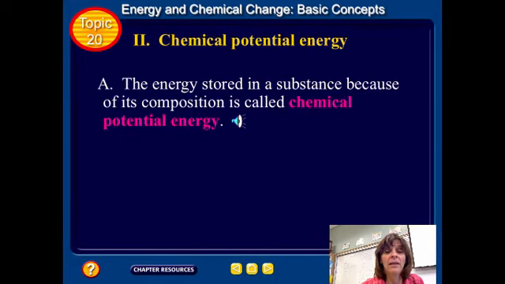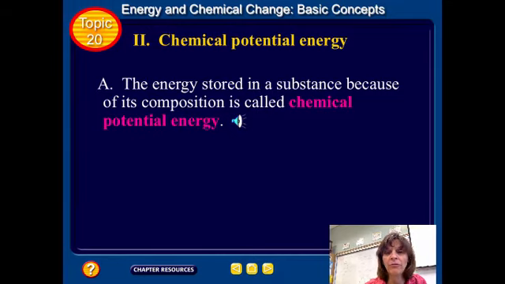The energy stored in a substance because of its composition is called the chemical potential energy. It's not something we can see or predict by looking at something, but as we study how it behaves chemically, we can understand something about its chemical potential energy. This is one of the things you have to measure and actually experiment with to know what's there.